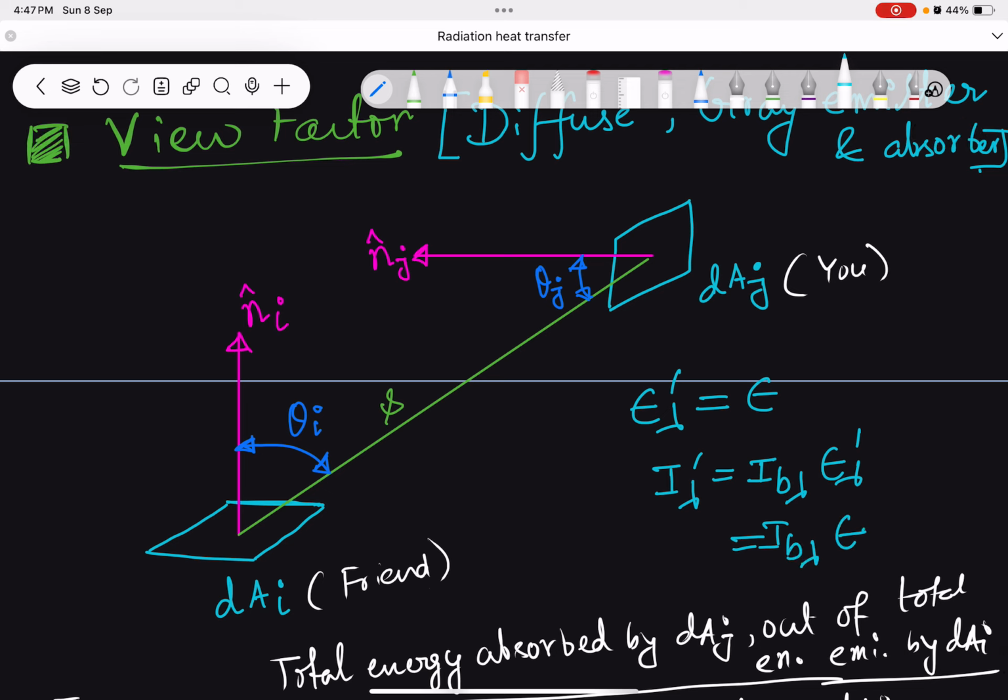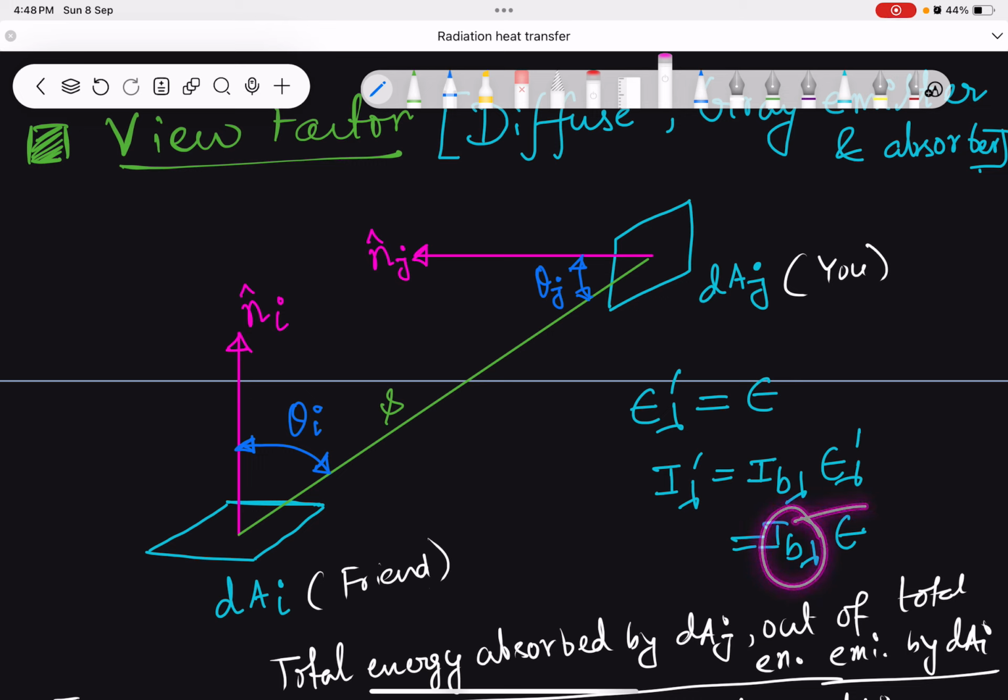Now see, you can argue that okay, this expression is not a function of direction, because neither my epsilon nor my I B lambda is a function of direction. I agree with you, but your I B lambda is a function of lambda.